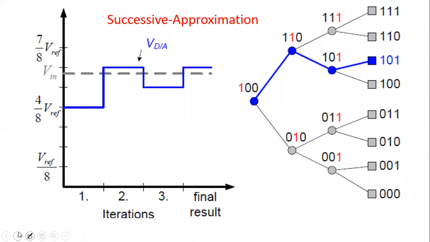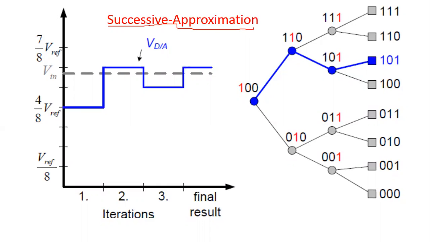Before going to the analog to digital converters, you have already studied analog to digital converter methods in LDCA. Among these methods, the successive approximation method is a more powerful and more accurate analog to digital converter.